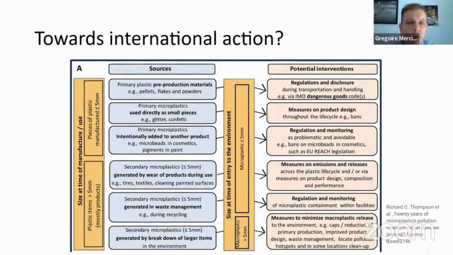There is a good example of regulation in Europe, which is the REACH regulation, which has banned a large number of goods and products because they were important sources of microplastics. And so that's just an example.